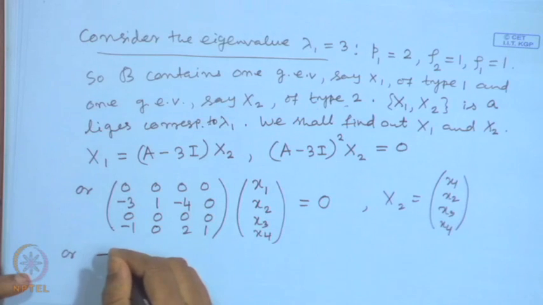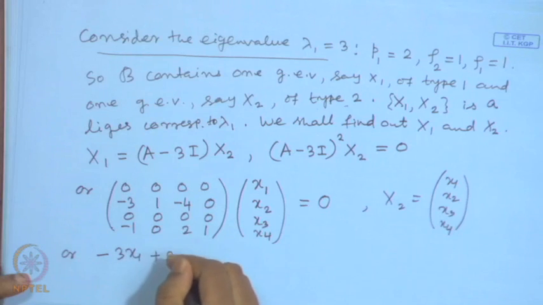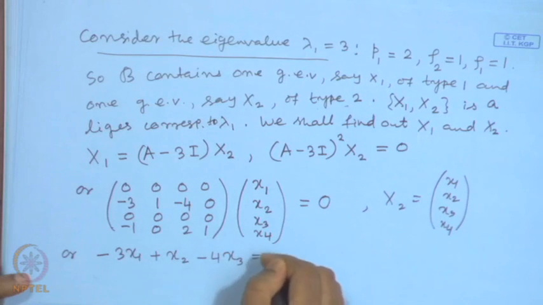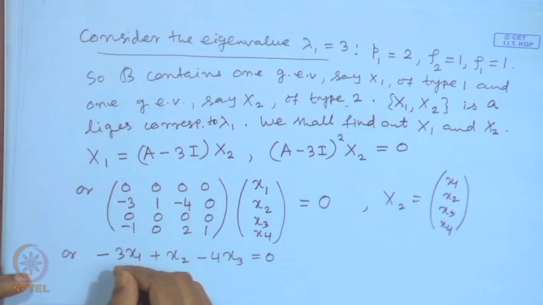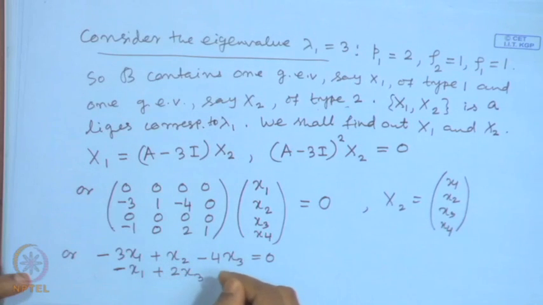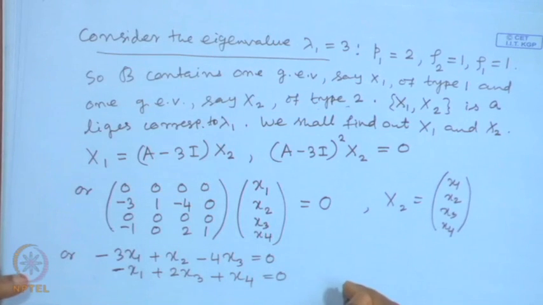We get two equations in this system: minus 3 x 1 plus x 2 minus 4 x 3 is equal to 0, and minus x 1 plus 2 x 3 plus x 4 is equal to 0. So, x 2 is a solution of this system.